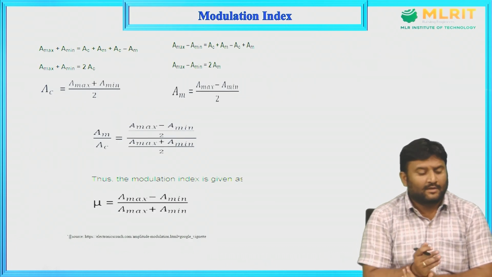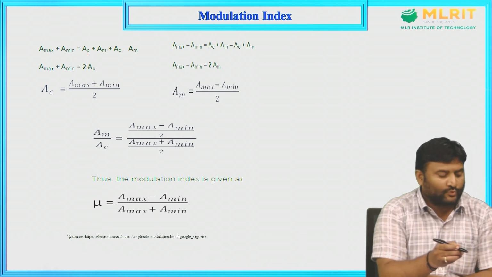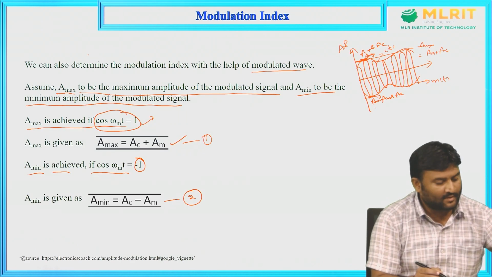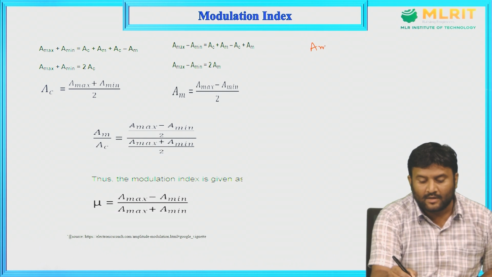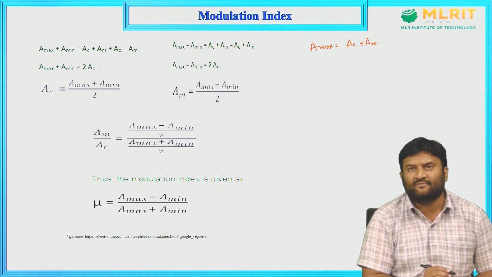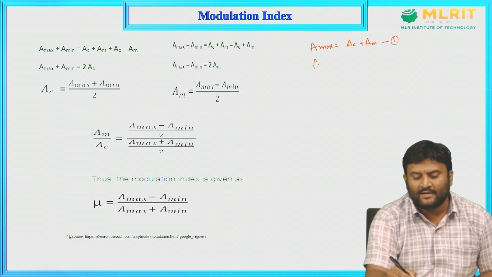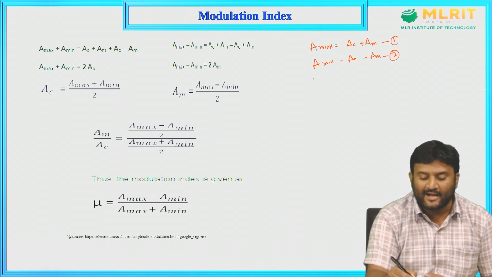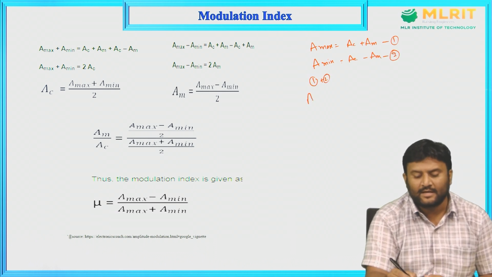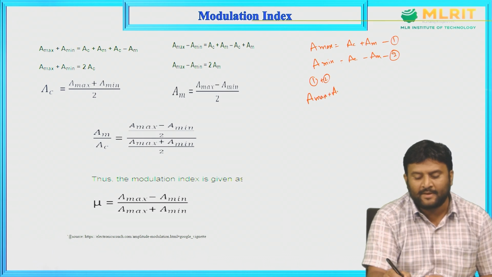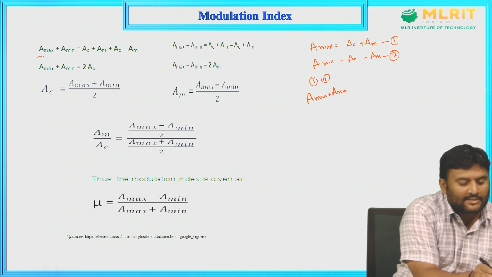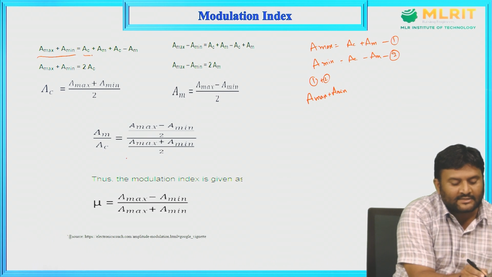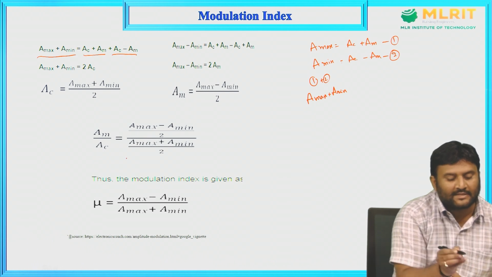Then go for the third one. Here I am adding 1 and 2. What is the first equation? Observe here, A maximum is equal to AC plus AM. This is the first equation. And what is A minimum? A minimum is equal to AC minus AM. This is the second equation. If I am adding 1 plus 2, what is that? A maximum plus A minimum, nothing but AC plus AM plus AC minus AM.